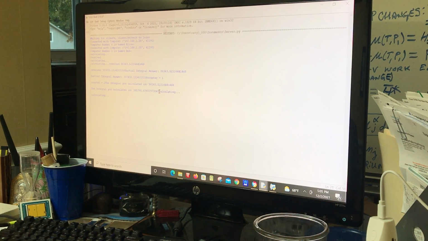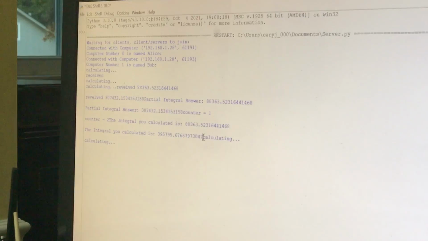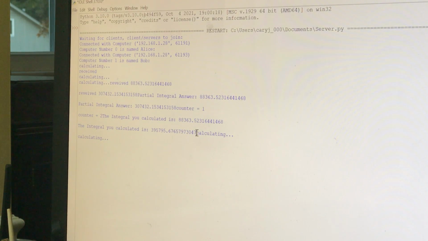So now let me verify the work here. You can see the result it gave here, 395,795. So we can use our trusty TI calculator and enter the numbers in. The range was from 10 to 25 of that polynomial, 4x cubed plus 3x squared plus 2x plus 1 dx.